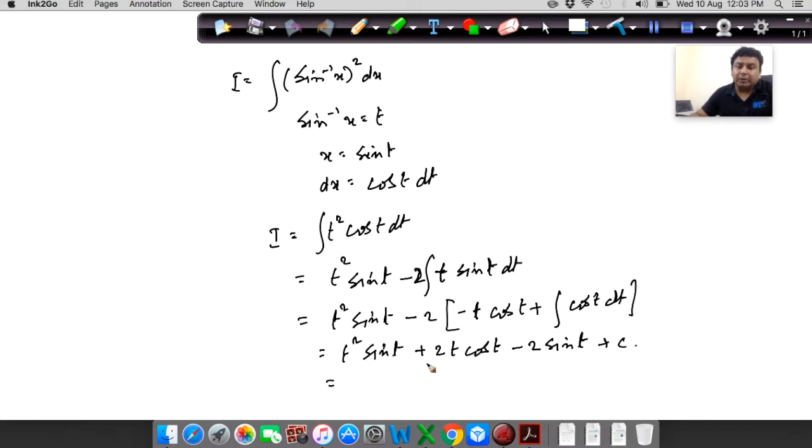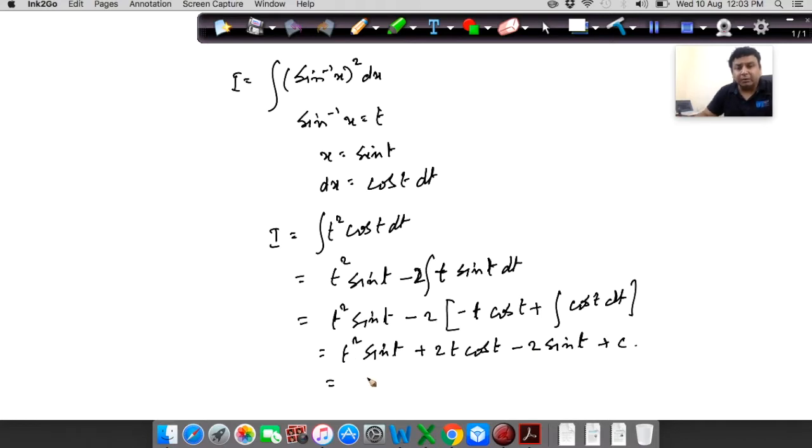So we can't leave the answer in terms of t, you have to get x back in the picture, and we can't write this kind of thing like cos sine inverse x. If I put sine inverse x here, I have to convert it into simplified form.